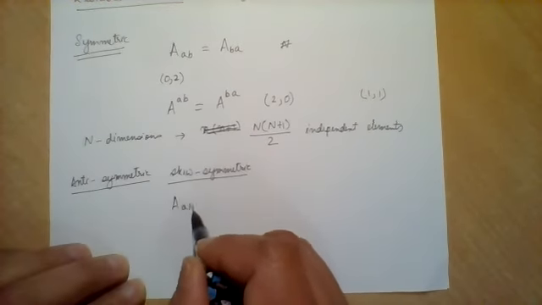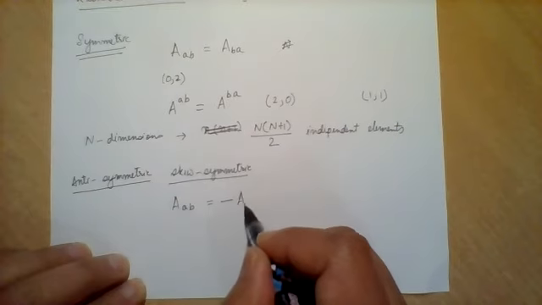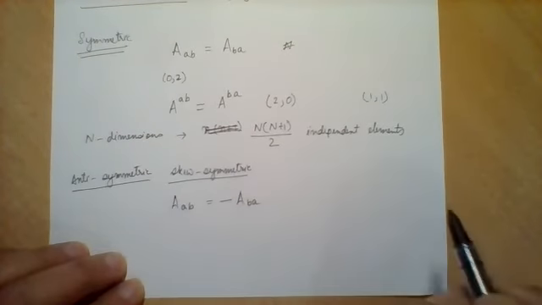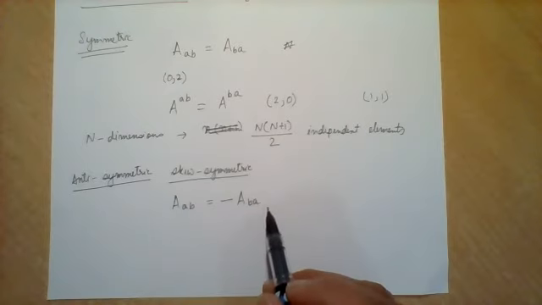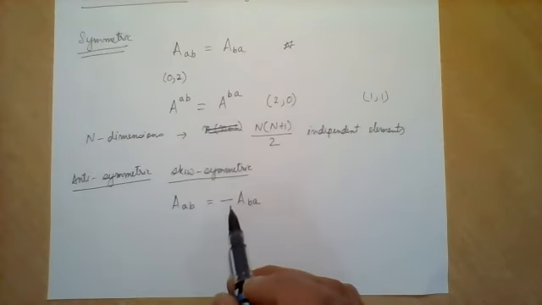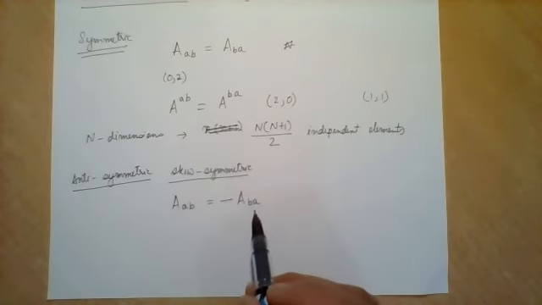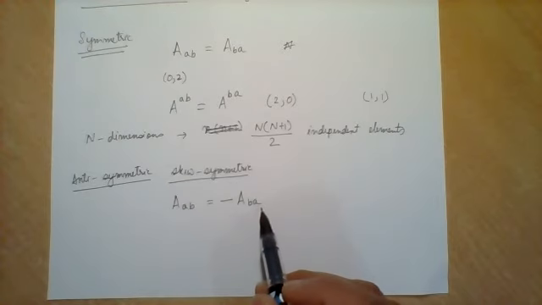A subscript AB is equal to minus A subscript BA. When I interchange the indices, the minus sign comes. These are the elements of a skew symmetric matrix.